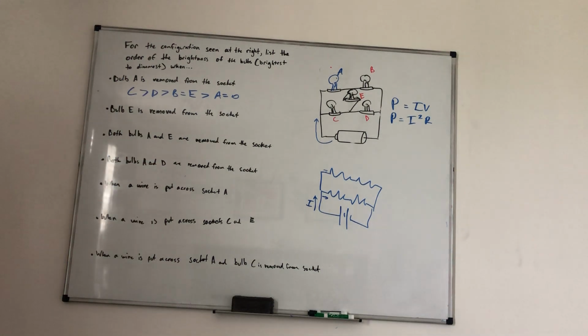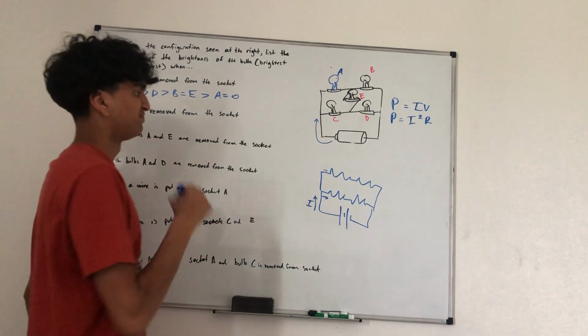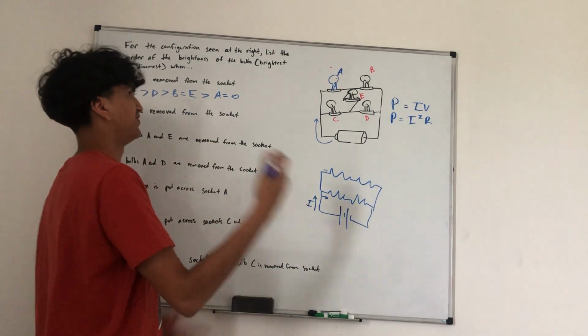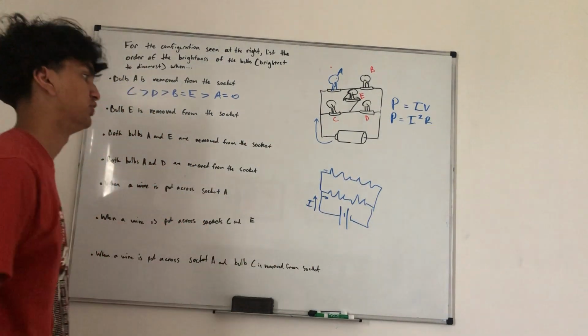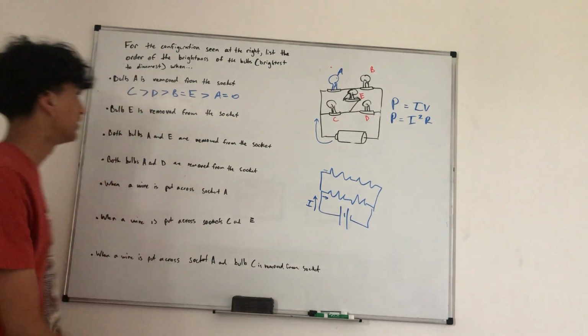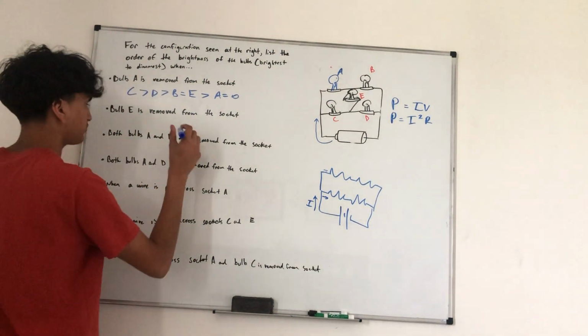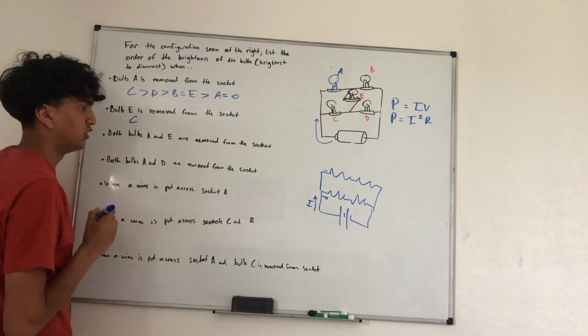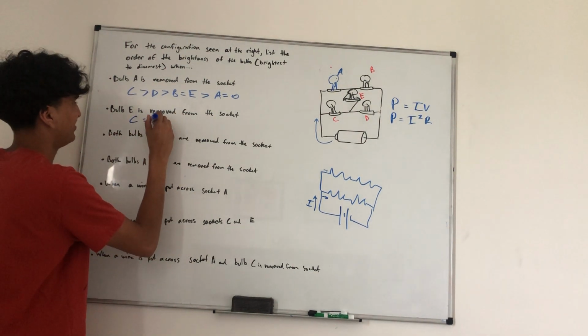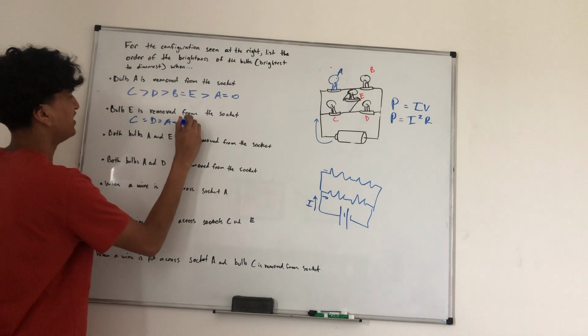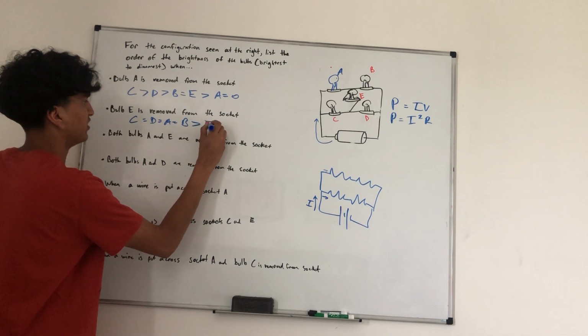They're in parallel. So if they have the same voltage and the same equivalent resistor, each path is going to get the same current. They're all going to be equal in this case. So C equals D, which equals A, which equals B, which is greater than E, which is going to be 0.